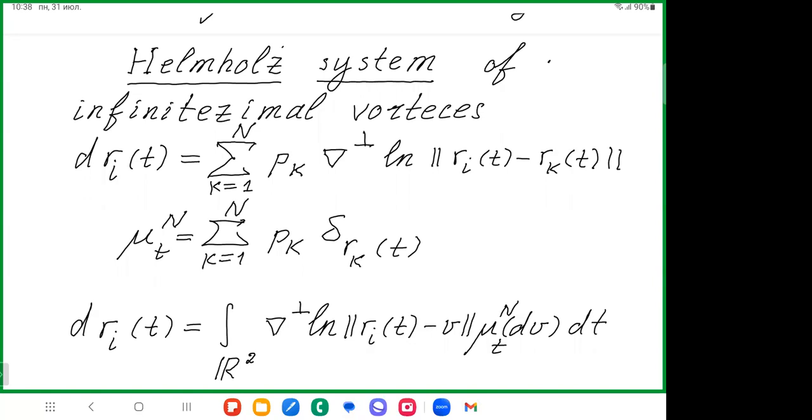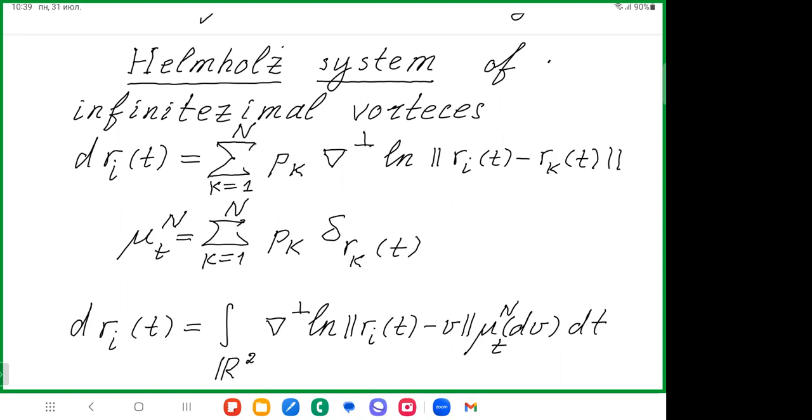And you see the two-dimensional version. In this version, the equation for motion of such infinitesimal vortices looks like this. You see this p k, some physical constant, and you see the gradient with the sign of orthogonality. It means that we calculate the gradient of the function, then rotate it anticlockwise by 90 degrees.